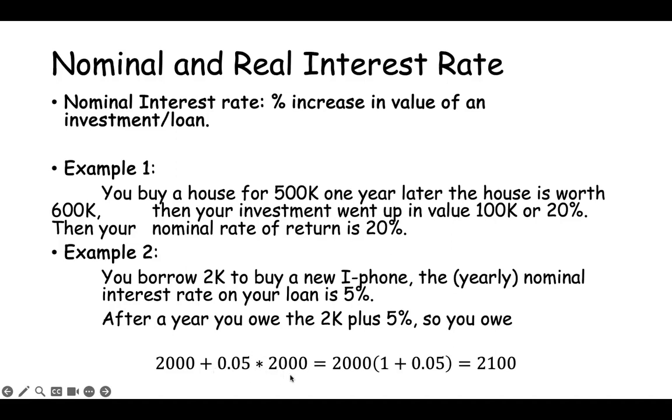We can write this succinctly as 2,000 times (1 plus 0.05). The 1 represents the principal, the 0.05 represents the interest. 5% of 2,000 is 100, so after 1 year, your debt will be worth 2,100. That's the nominal interest rate: how much what you owe in dollars has grown.